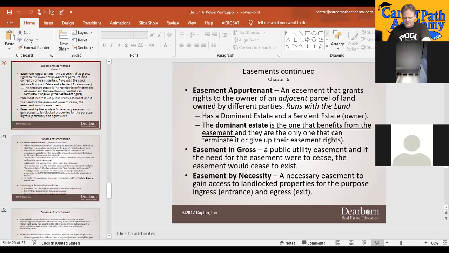They have an easement appurtenant that allows them access to Lot A owner's property so that they can cross over it to get to the lake. All right, so they're the one that is benefiting from that easement, aren't they? So that's an easement appurtenant. They're crossing over the other person's property to their benefit.